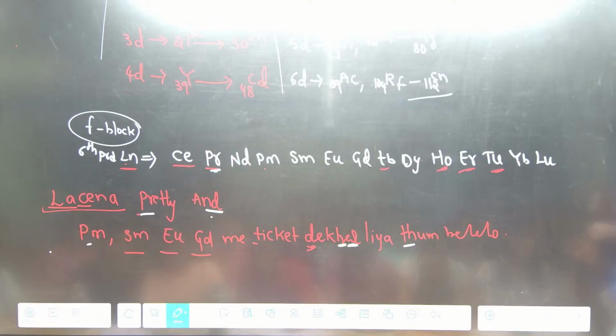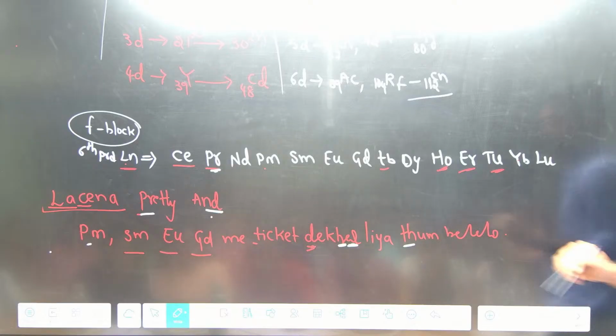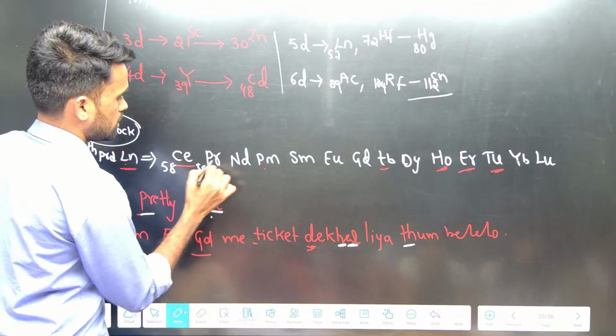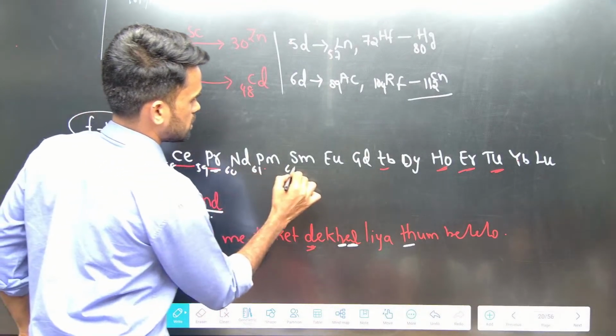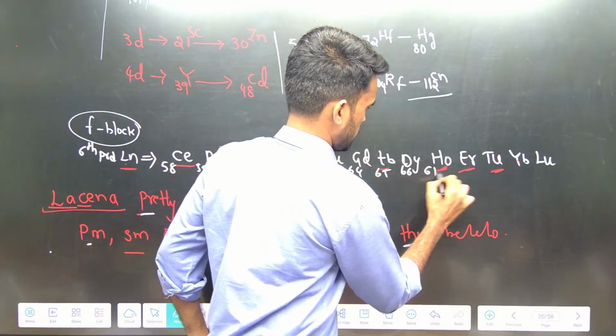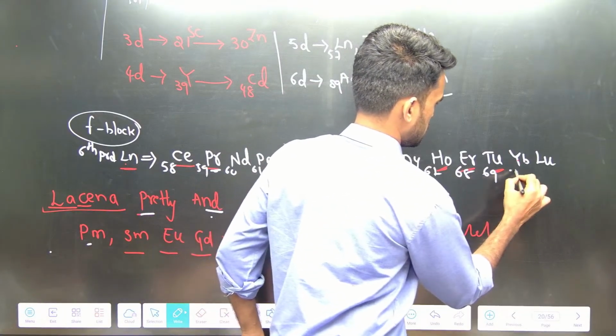From where to where are these element numbers? 58 to 71.